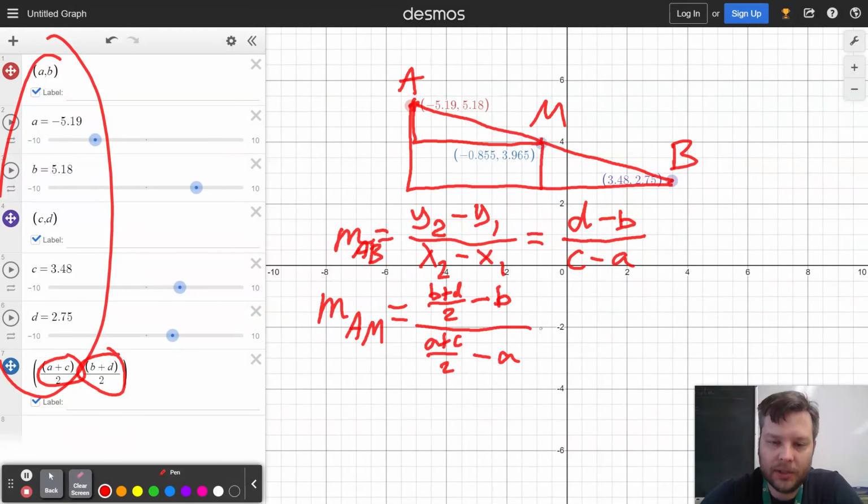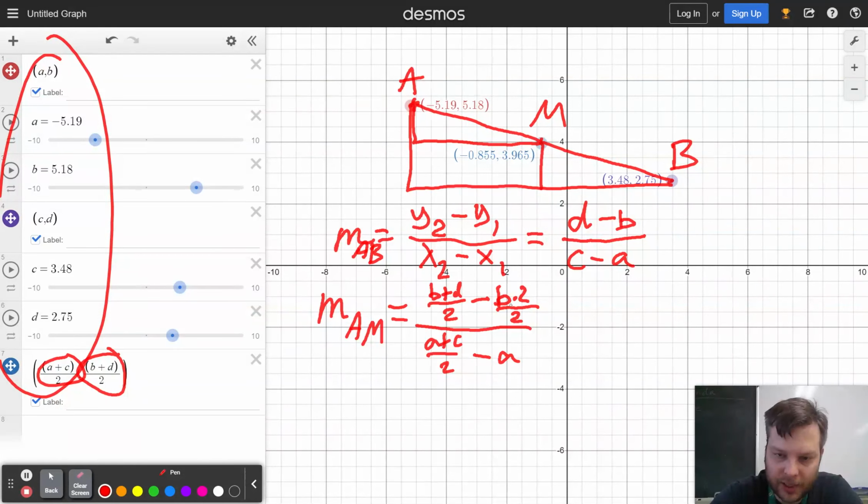So what I can do here is find a common denominator because I have fractions on the top and fractions on the bottom. So I'm just going to look at the numerator. I see something over 2 minus a whole number b. I can take this b and multiply it by 2 over 2. That's okay to do because 2 over 2 is equal to 1.